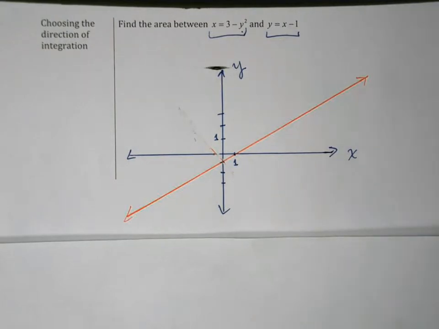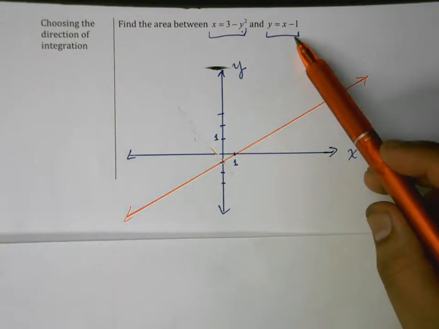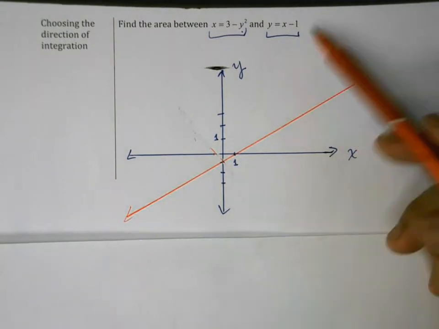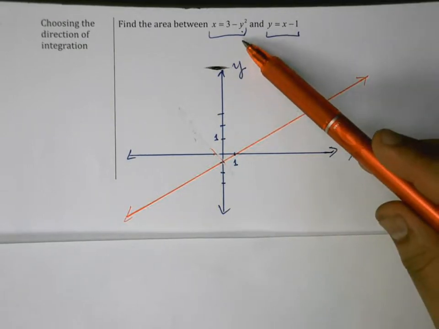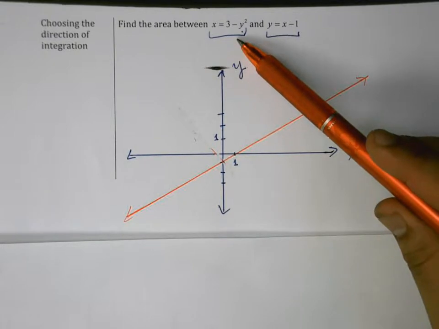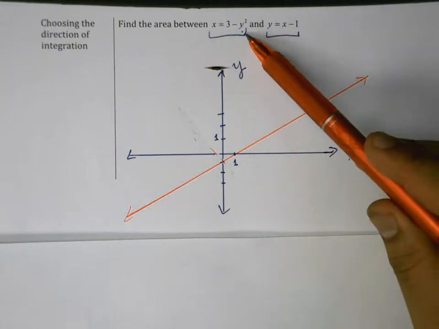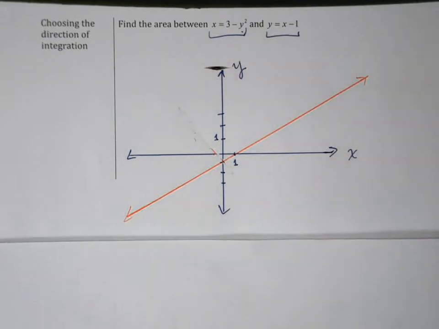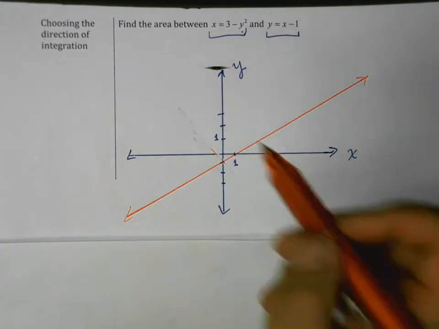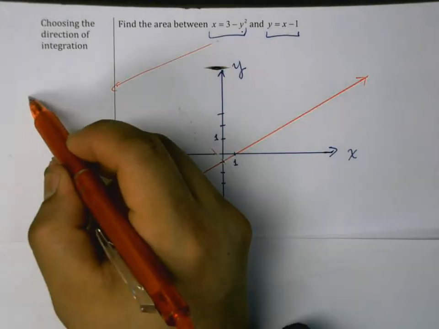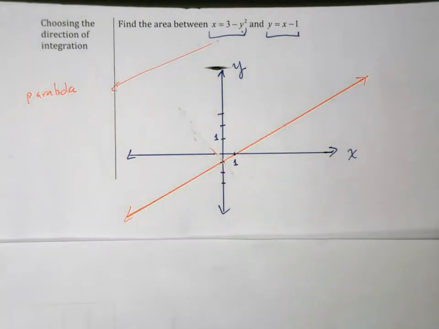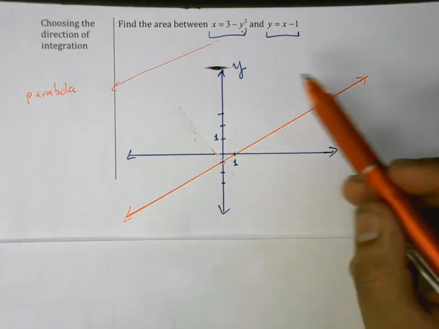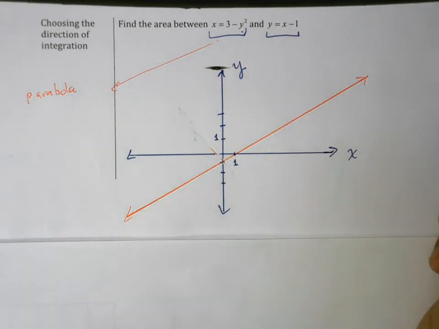I've graphed the easier of the two here, which is the simple line y equals x minus 1. Now we're going to graph the more complicated one, where x is a function of y. We know this is going to be a parabola of some type, but it's going to open sideways instead of up and down.